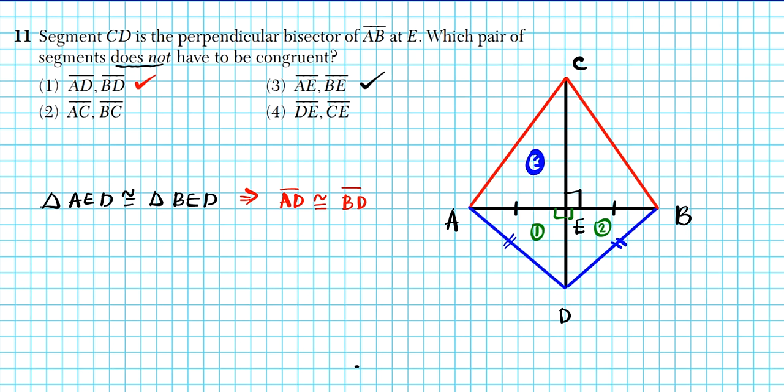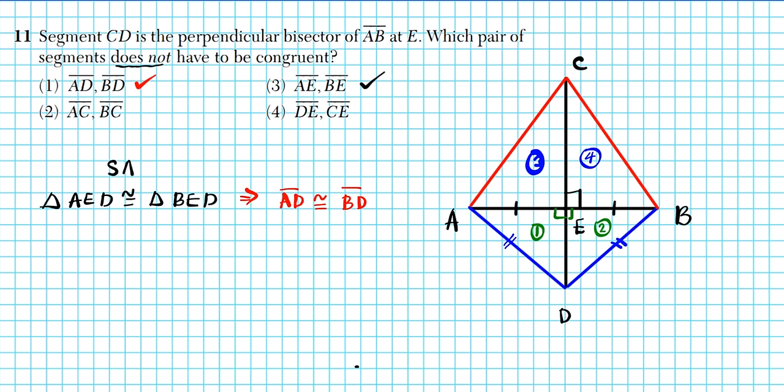What do we have going on here? We have these two angles congruent. That's A, because they're both 90 degrees. This side and this side are congruent. That's S. And then this side by the reflexive property is congruent. So you have another SAS situation.